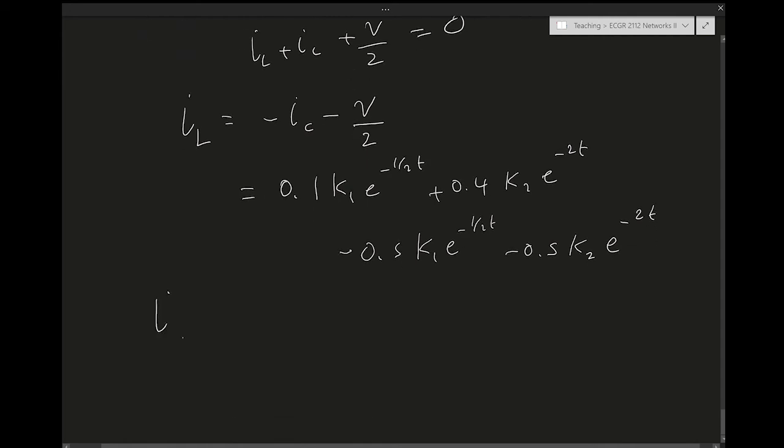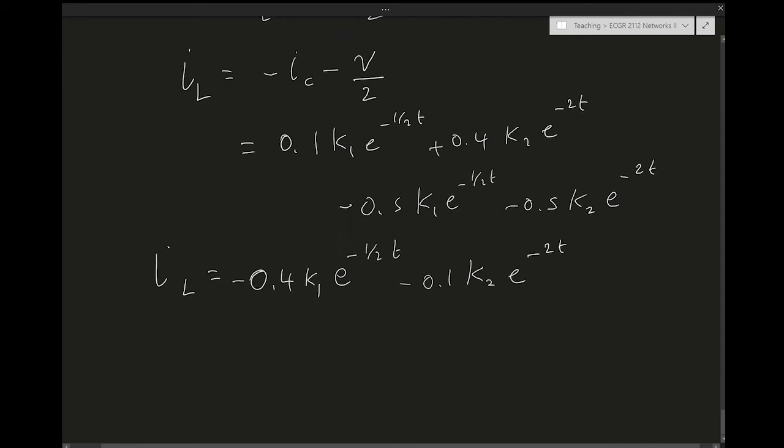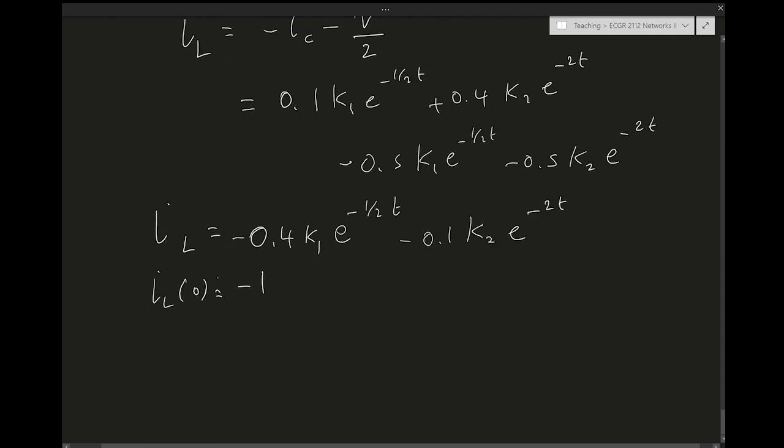So the total IL is going to be 0.1 minus 0.5, which is minus 0.4 K1 e^(-t/2), right? And then 0.4 minus 0.5 is going to be minus 0.1 K2 e^(-2t). Now we know IL0 equals minus 1. So I can plug this in here in this equation, and e to the power 0 is going to be 1.